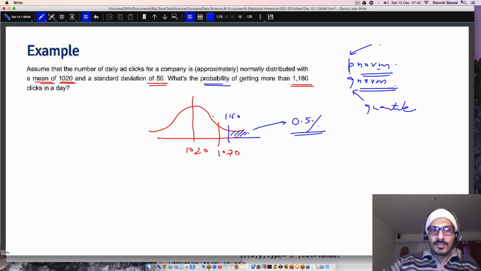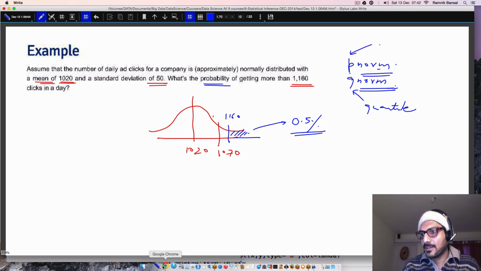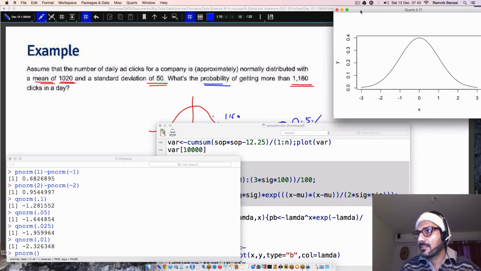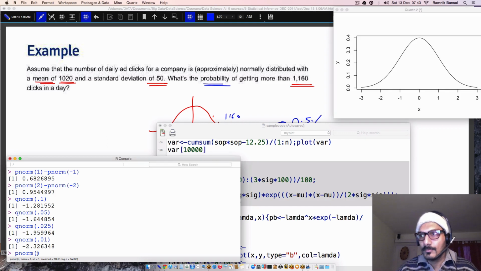So my formula will be P norm. Now what is the value Q? Q is straight away the value that I'm interested in. So in our case, what will be Q? I'm using P norm. What will be Q? Or rather, what is X?